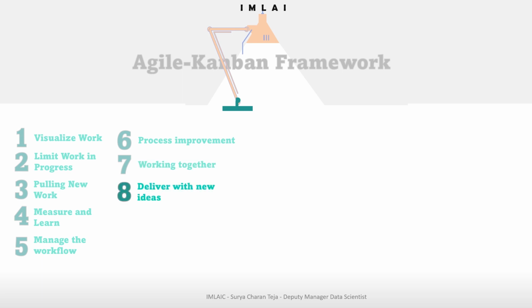Then we have deliver with new ideas. The main idea behind the Kanban approach is to improve the team quality and the process, as it supports new ideas from the teams in each phase of the workflow.